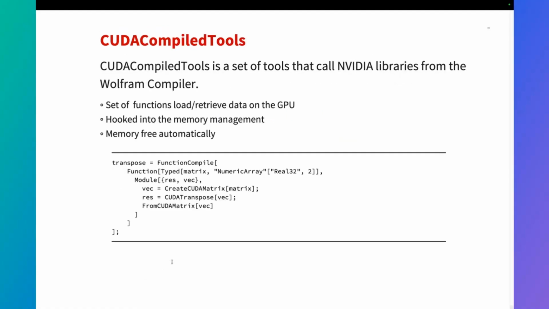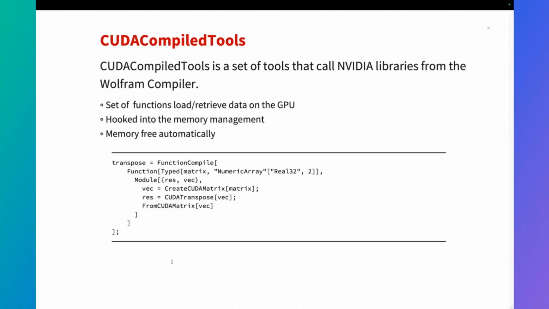With the new compiler, CUDA-Link was improved to add the CUDA compile tool, which is a set of tools that directly call NVIDIA libraries. In short, you can think of it as an extension of CUDA-Link, but with direct calls to NVIDIA libraries. NVIDIA has been working hard to add a lot of software components that come with the hardware, like the BLAS library and other mathematical libraries.